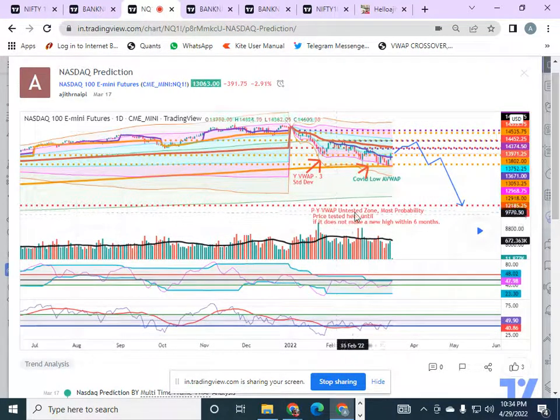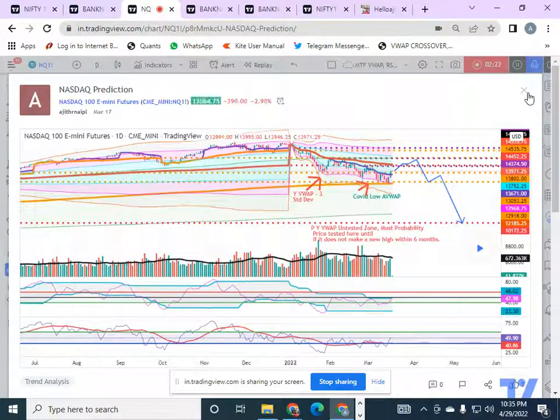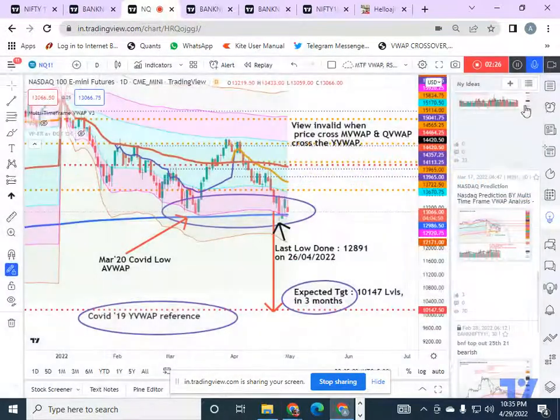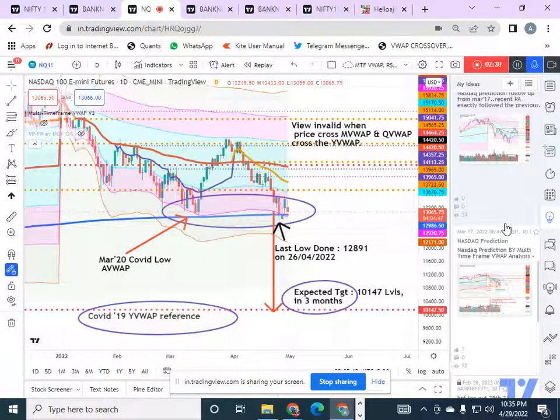The previous year VWAP is an untested zone, and most probably price will test it unless it makes a new high within 6 months. This view was posted on March 17th. In one of the next consequent posts, we will see what happened further, from March 17 till April 29.